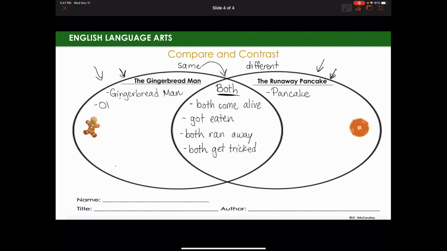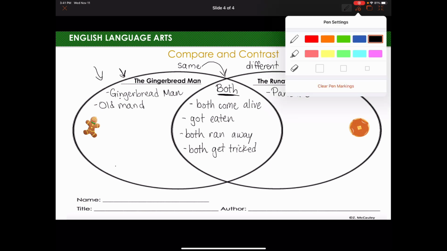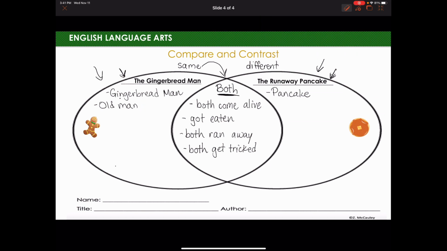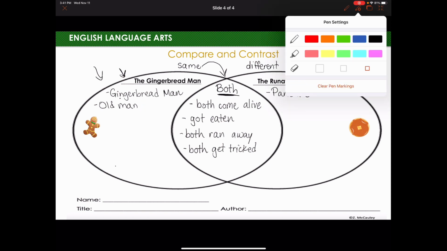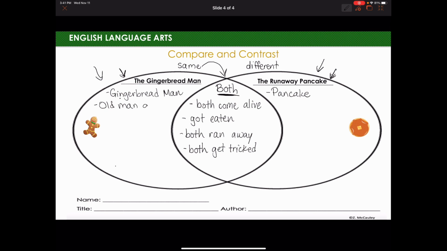We have an old man and an old woman. So the old man and the old woman chased after the gingerbread man.